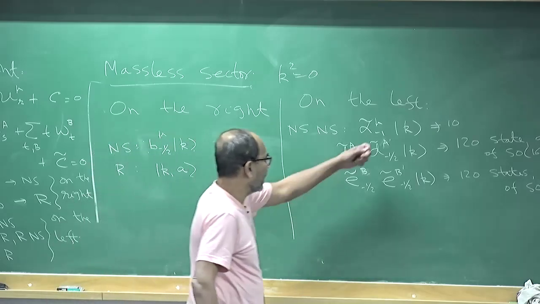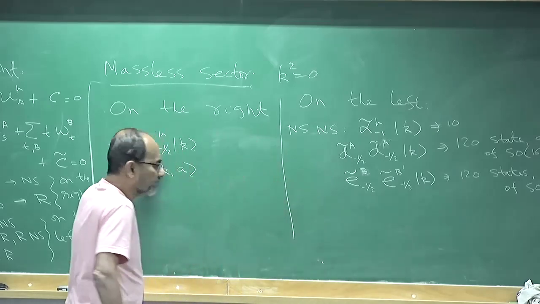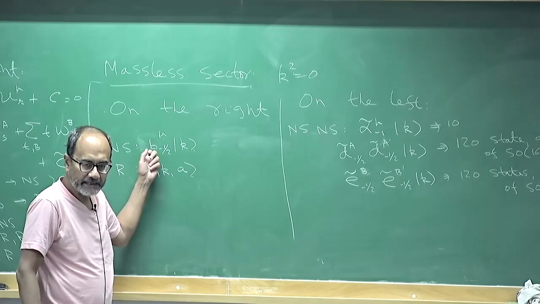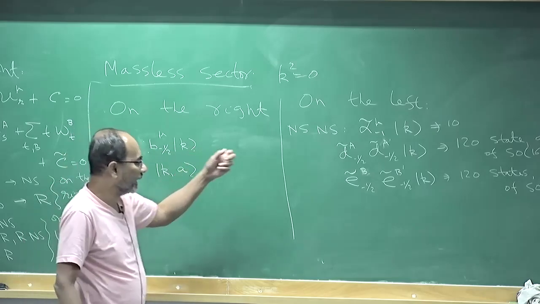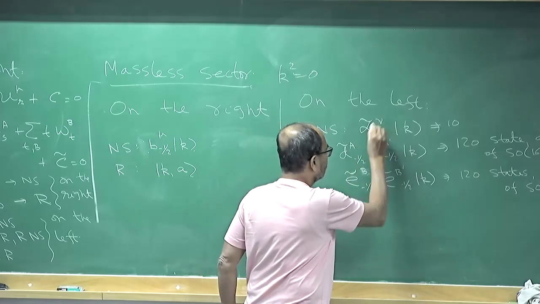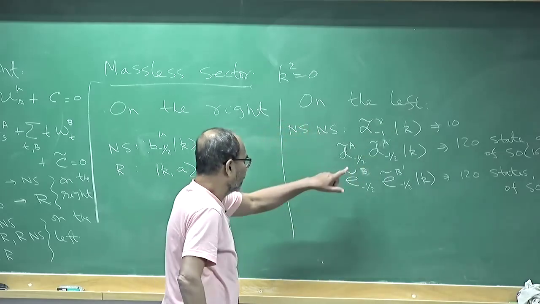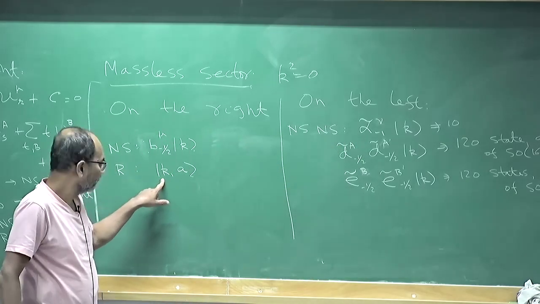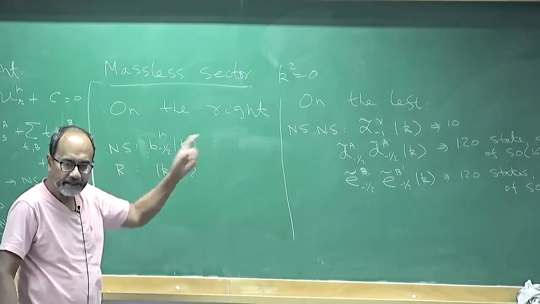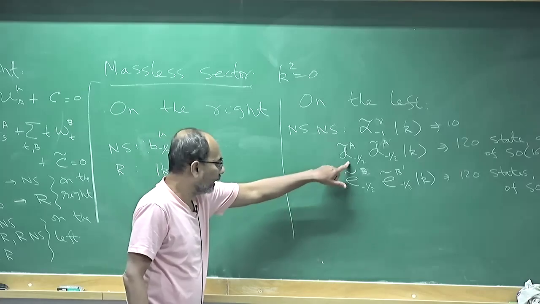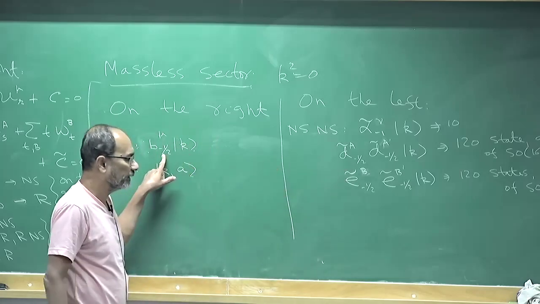So when you take the product of this with this, that gives the graviton, dilaton, antisymmetric tensor, right? The mu index, okay, let me call this nu. And when you take the product of this with this, you will get the space-time gravity, right? Because there's a spinor index and a vector index. That gives the space-time gravity. What about this product?